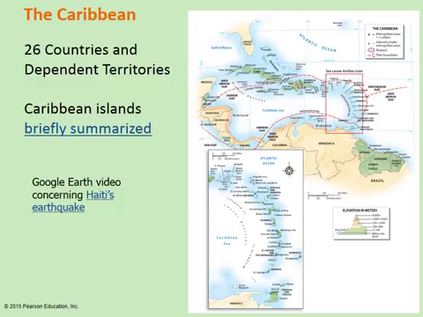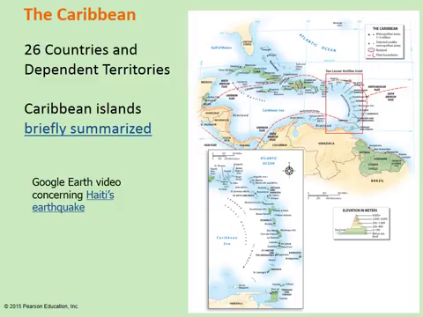But note also, far to the west, just south of Mexico, is Belize, and it's connected with the Caribbean group here, as are the 3 nations far to the east on the South American continent, Guyana, Suriname, and French Guiana.